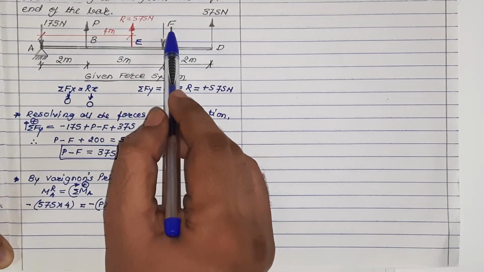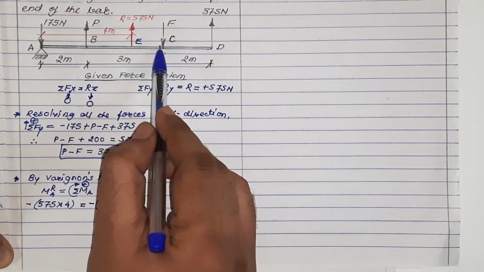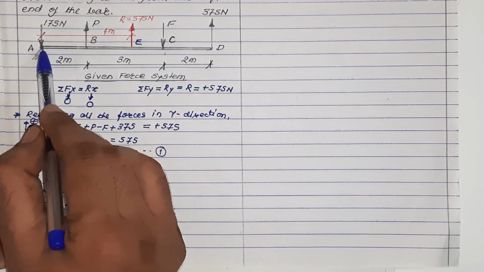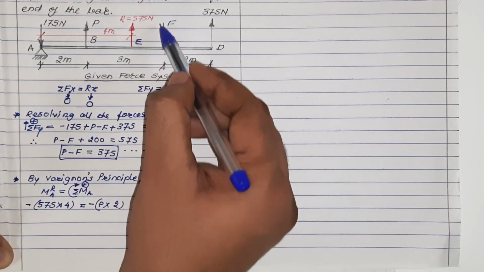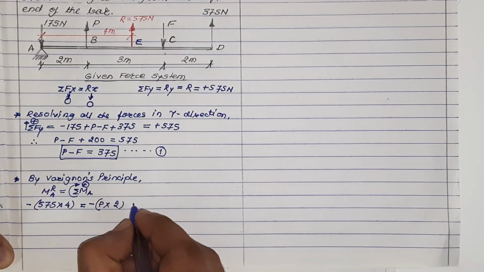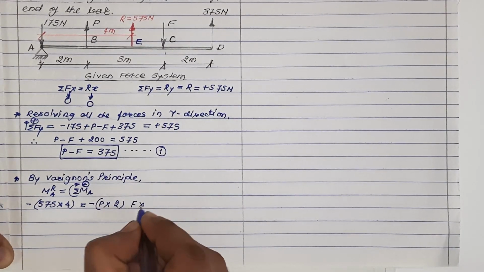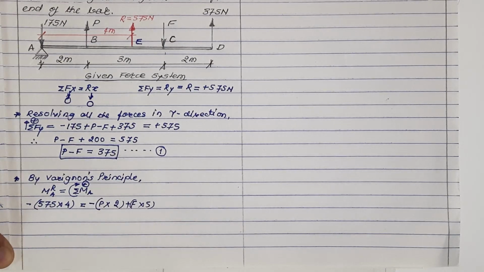Thereafter, we have force F, which is acting downward. How much is the distance between line of action of force and this point A? It is 2 plus 3, 5 meter. According to the direction of force, it will create a clockwise moment about A. Hence, F multiplied by 5 clockwise.